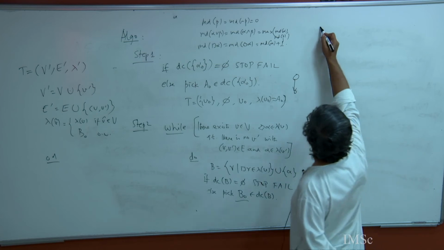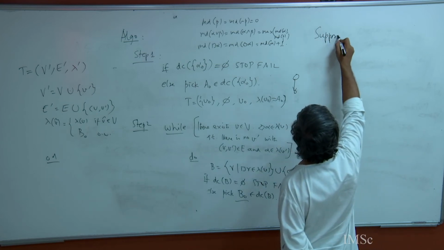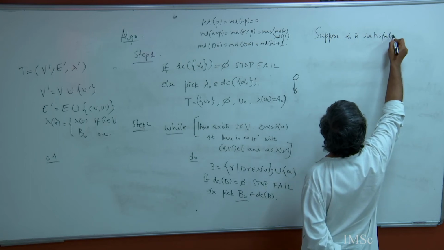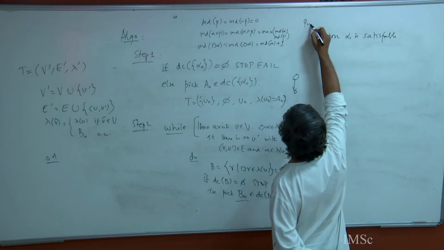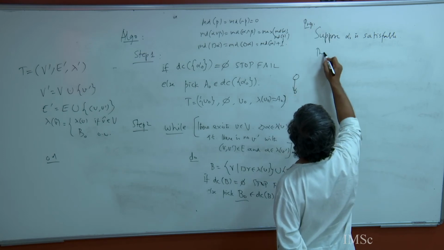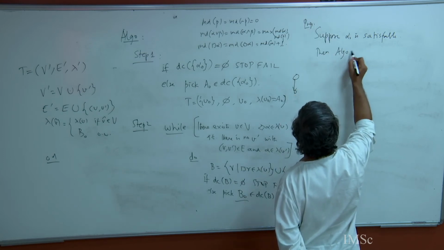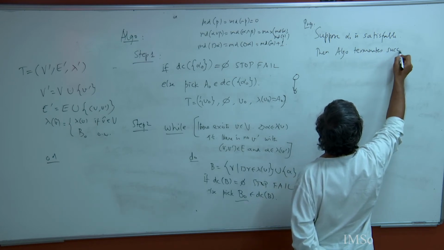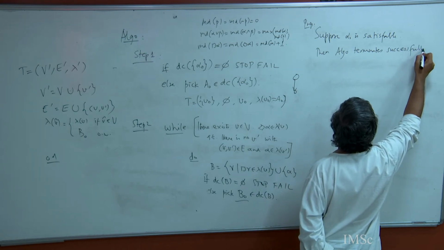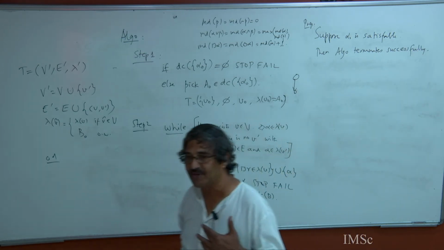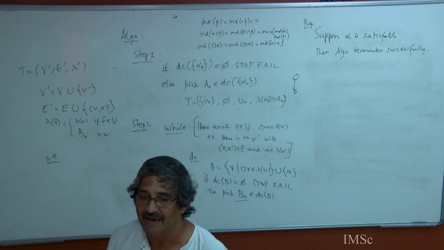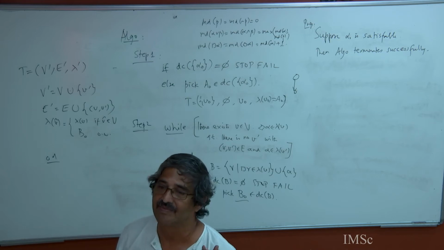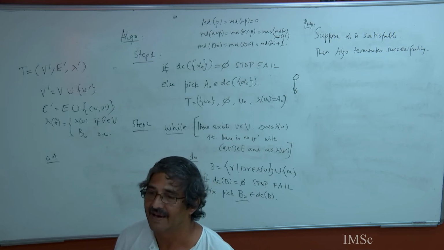Now suppose alpha naught is a proposition, then if alpha naught was actually satisfiable, then your algorithm will succeed and construct a tableau. This is the claim, right?